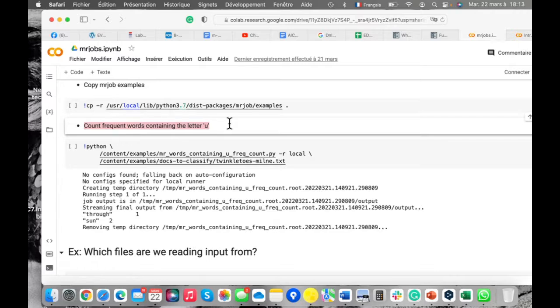The objective of the program that we are going to look at is to count frequent words containing the letter U.